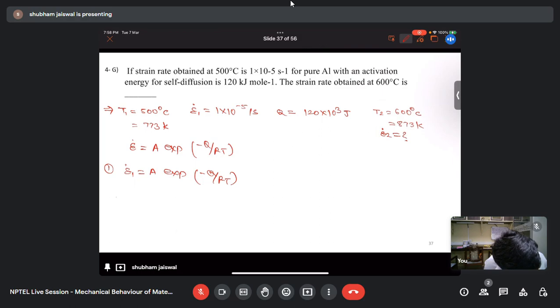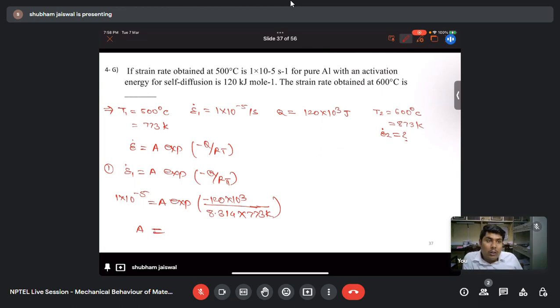So epsilon dot 1 is 1 into 10 to the power minus 5, A is unknown, exponential minus 120 into 10 to the power 3 divided by R, which is 8.314, into T1, which is 773 Kelvin. From this we'll get the value of A. So A should come somewhere around 1286.